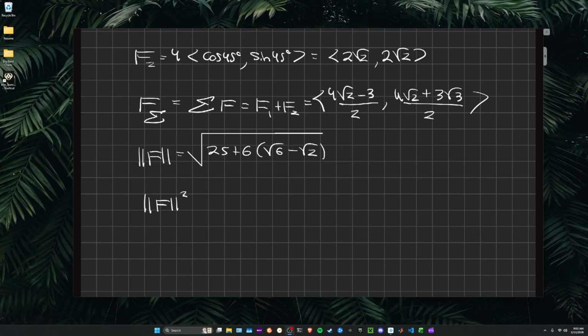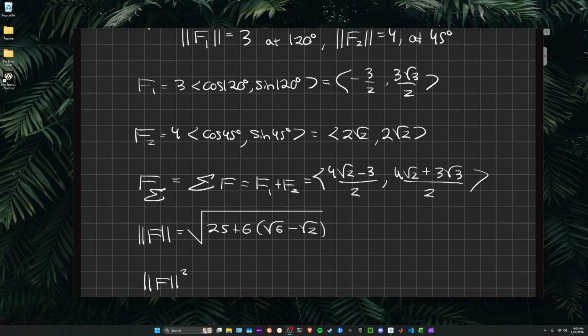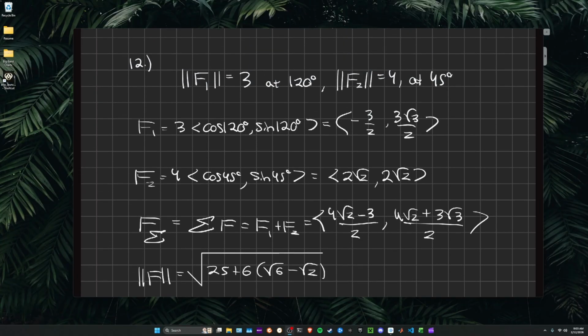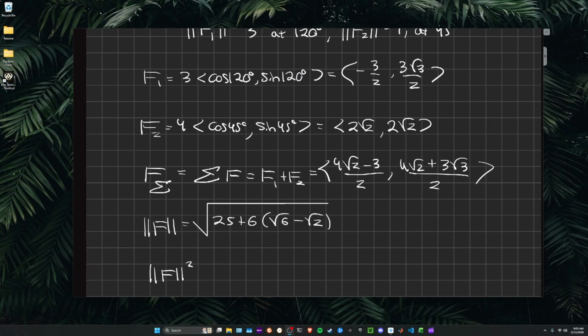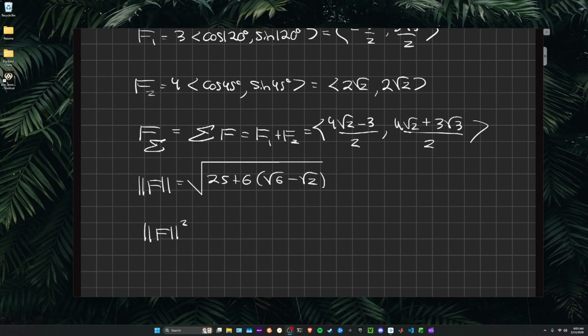You don't have to, you can just plug straight in, but try looking at this expression first. So squaring the norm, and then that'll let you simplify these a little bit better. Because these square roots, if we square it, it'll be nice, because then root 2 squared is just 2, or root 3 squared is just 3. And then we can plug that back into this actual expression for our magnitude. Okay, that's all.